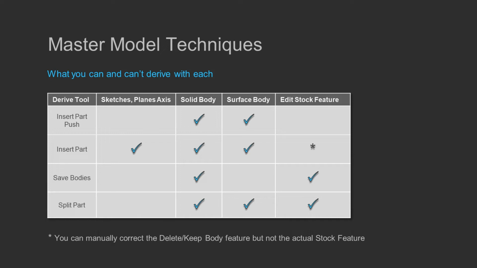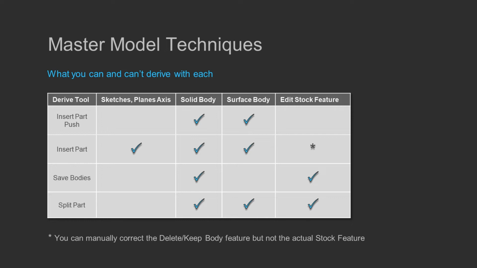We talked in our last episode about four methods for creating a master model workflow. I'll review these very quickly, and then we'll talk about each of them individually, their advantages and disadvantages. If you remember, you have insert to part push, where you right mouse button on the solid body in the solid bodies folder, and you can create a single derived part from that body.